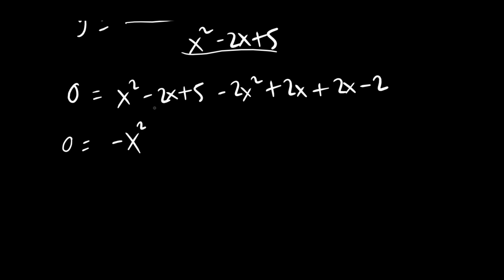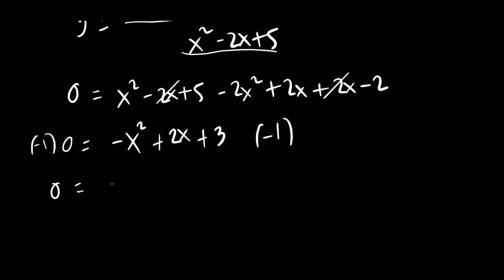So minus 2x plus 2x plus 2x, we cancel this one, and the remaining will be 2x. So 5 minus 2 is equal to 3, plus 3. So we'll multiply both sides by negative 1 to make it positive. So 0 is equal to x squared minus 2x minus 3.